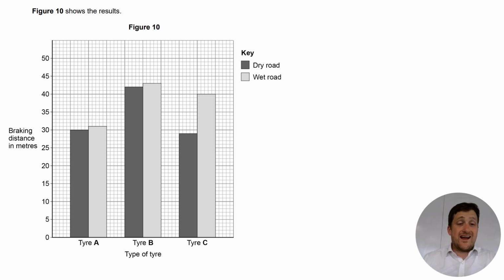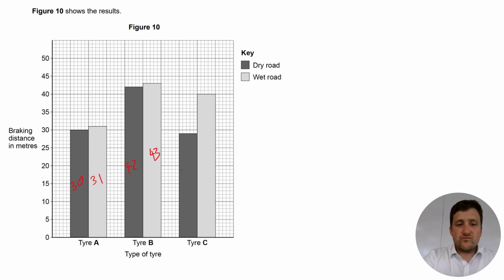Okay, we have a figure, and it's figure 10. It's a big figure, which is important, meaning we should look at it before we even look at our question. Okay? We should be looking at everything and comparing some things. That's what's really important. So we can write, I always like to write the numbers in. So for our dry road, that's 30, and that's 31, that's 42, that's 43.